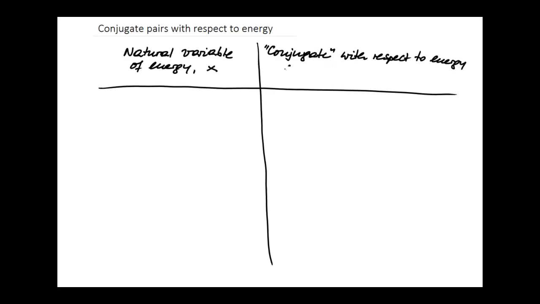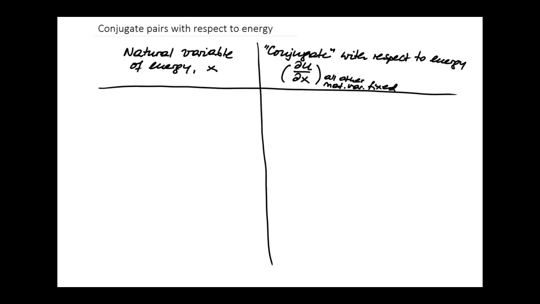And we obtain the conjugate by taking the partial of the energy with respect to x, while keeping all other natural variables fixed. You notice that the notion of conjugate is always relative to a certain quantity. So we have conjugate with respect to energy.